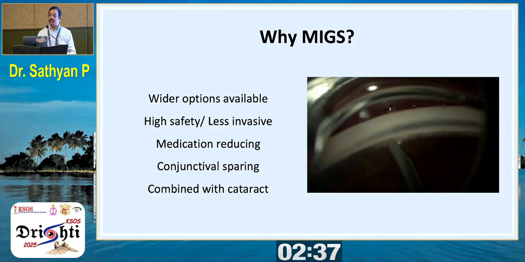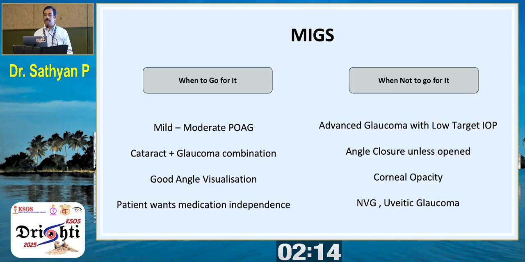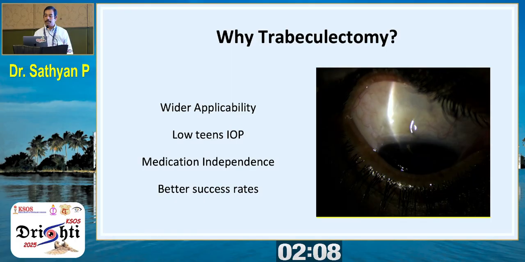As of today, we are going to focus only on mild to moderate glaucoma for MIGS, though it has its own advantages in other stages of the disease. We keep teaching it only for mild to moderate disease where you feel the patient's compliance is not good. Or even if the patient says, I don't want to use the medication, you can still have the choice of going in for MIGS. That is the best option, provided it is only the mild to moderate stage of the disease as of today.